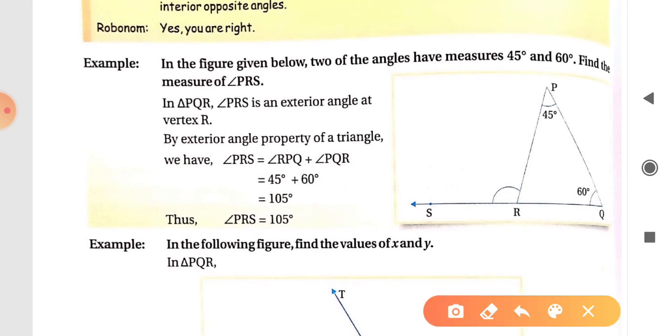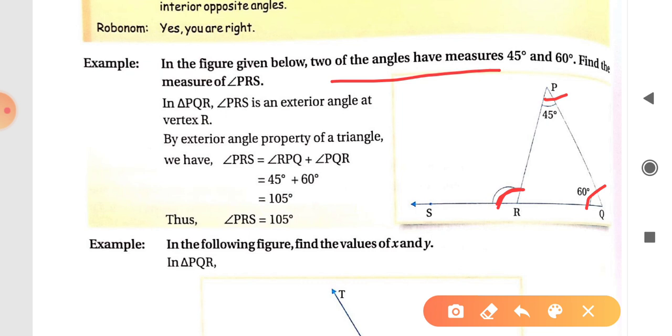First example: in the figure given below, two of the angles have measures 45 degree and 60 degree. Find the measure of angle PRS. We are given this figure, triangle PRS, and two angles, one is 45 and one is 60, and we have to find the measure of angle PRS, which is in the exterior region of the triangle.